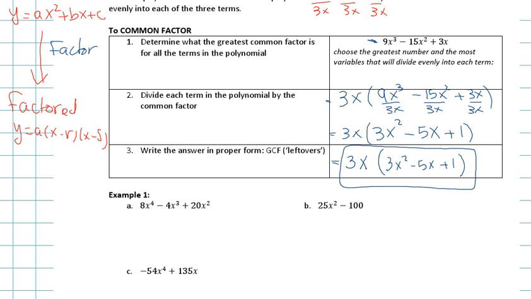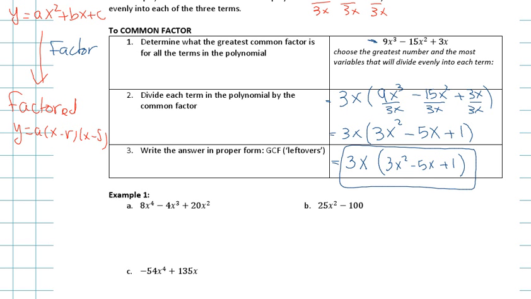When it comes to the common factor, that number cannot be higher than the smallest number. Eyes on me, please. If I look at 9x cubed minus 15x squared plus 3x, what is my smallest number in the whole expression? 3, right? I'm just talking about the numbers in front. So 3 is the smallest number, and my factor as a number cannot be greater than 3.